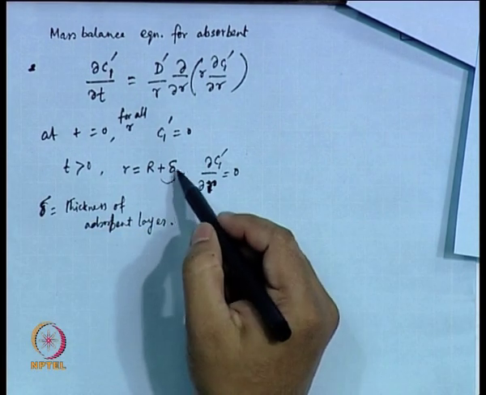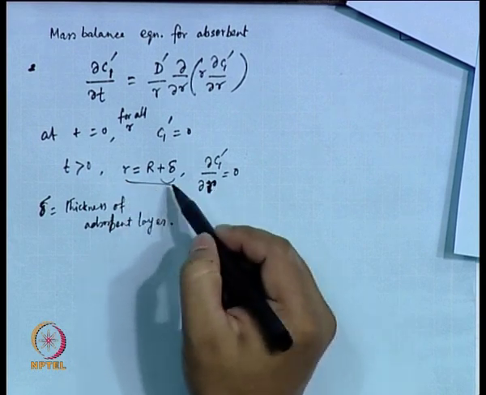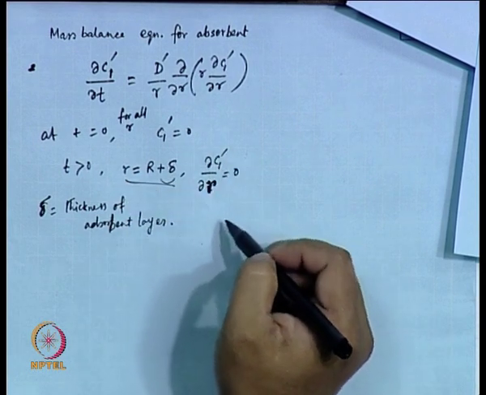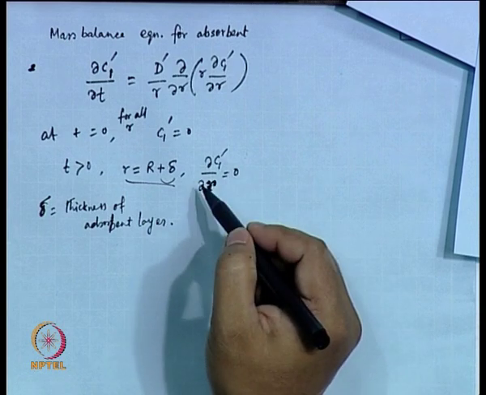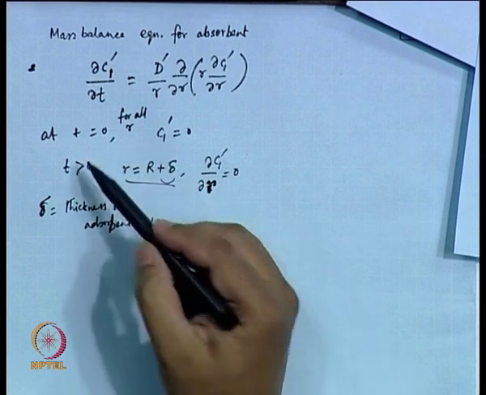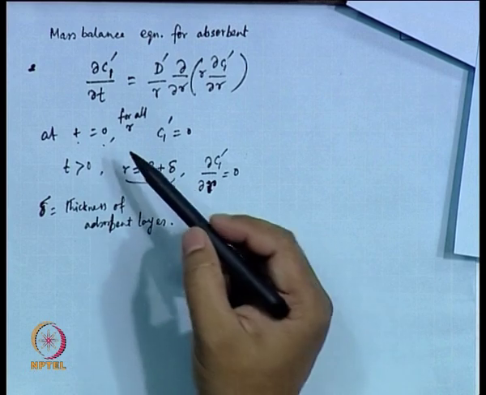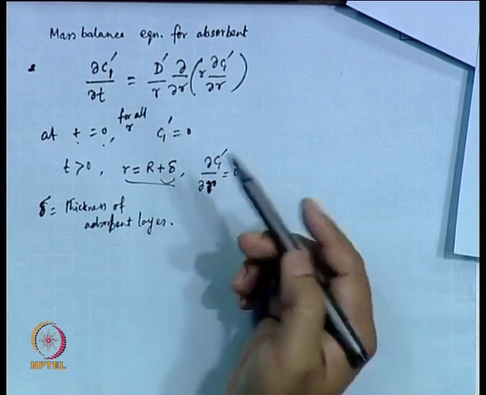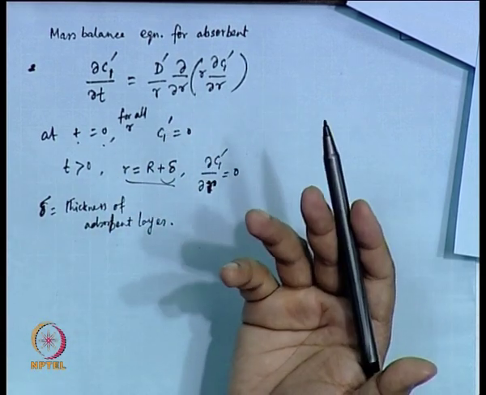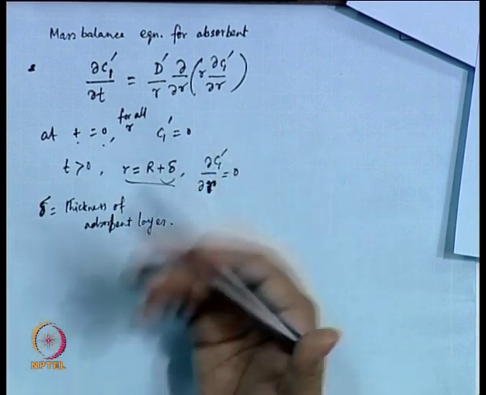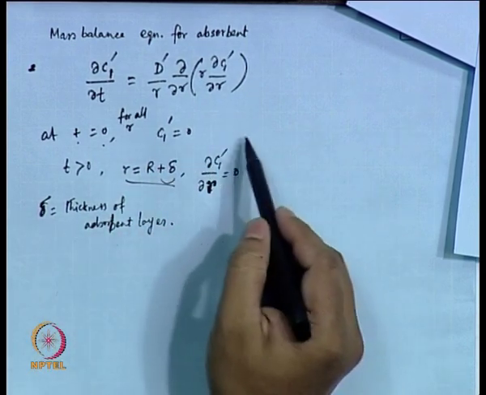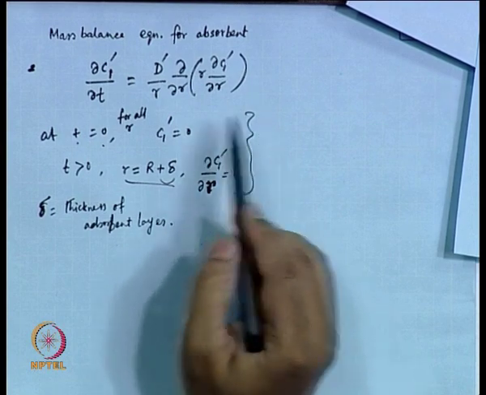So, at the end of the adsorbent layer, no diffusive flux is possible. So, that is one boundary condition you have, and at t is equal to 0, the adsorbed layer is a native layer, nothing has penetrated into it. So, this is the boundary condition that you have there.